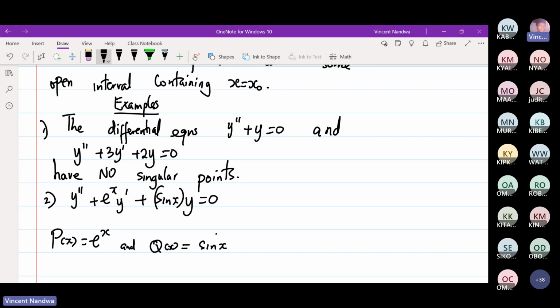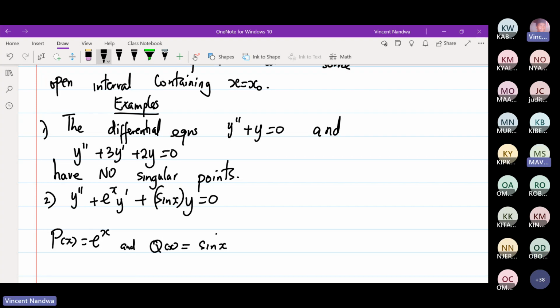Now, are sine x and e power x analytic functions? That means, are those functions continuous and differentiable for every value of x? Yes.